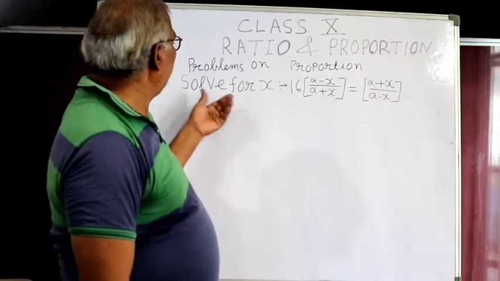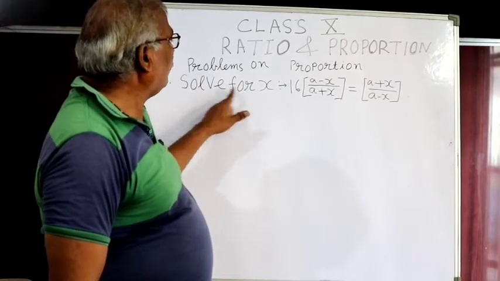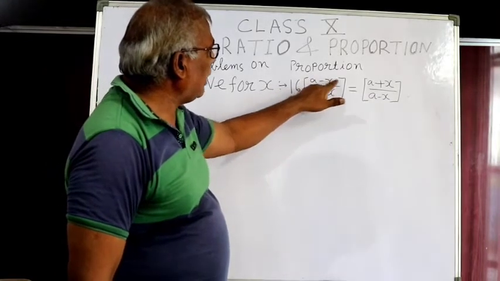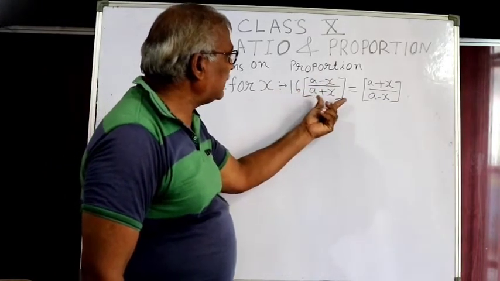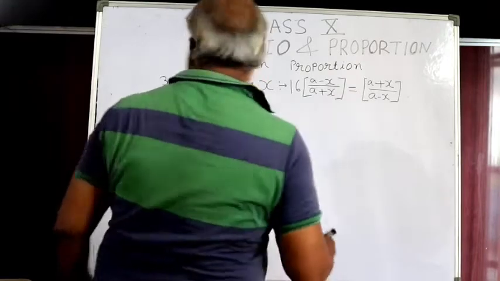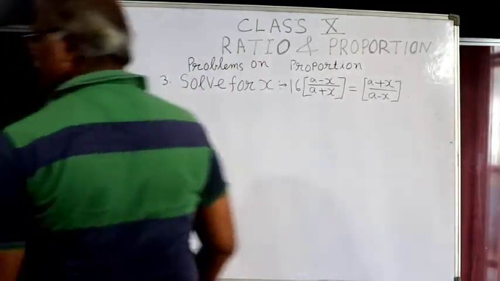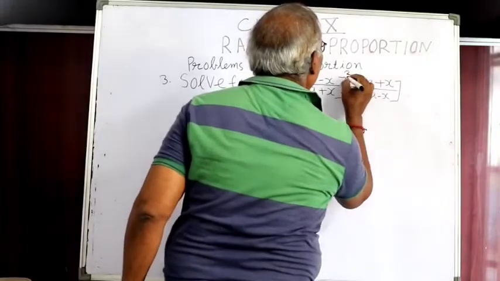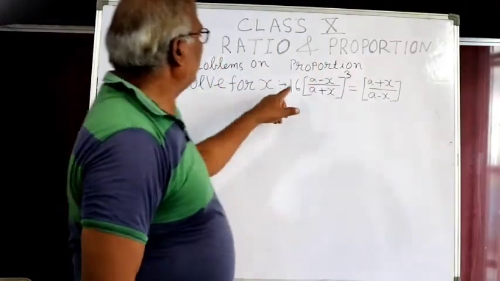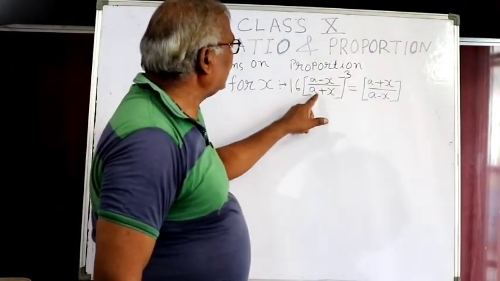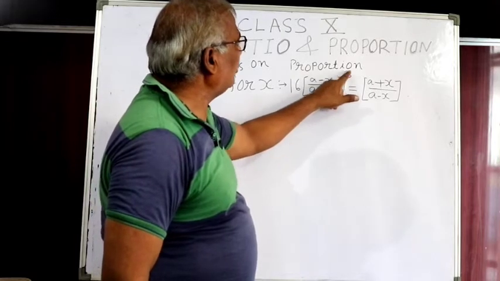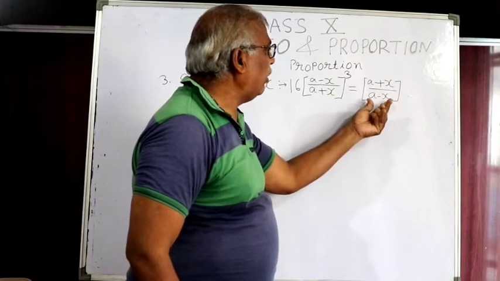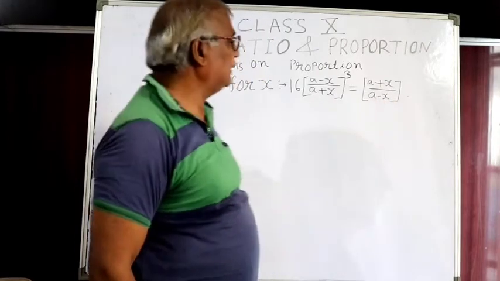Now question number 3. Solve for x: 16 into (a minus x upon a plus x) to the power 3 is equal to a plus x upon a minus x.